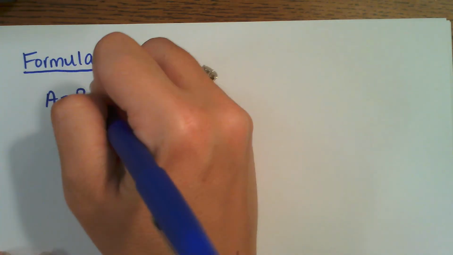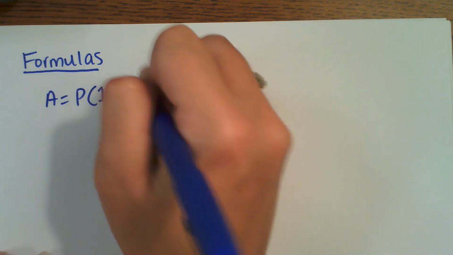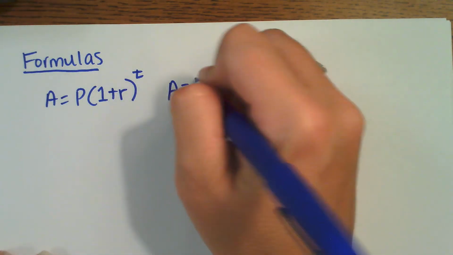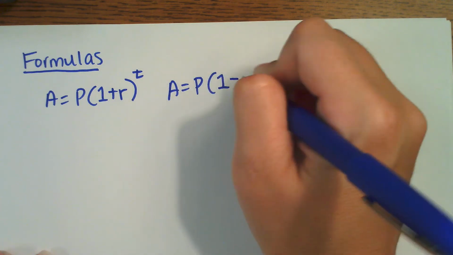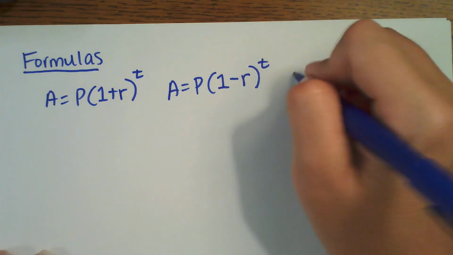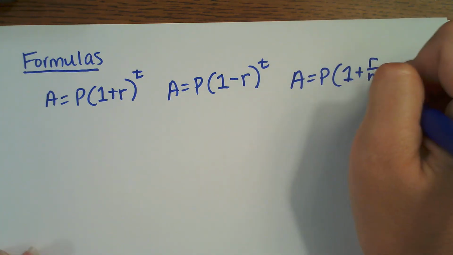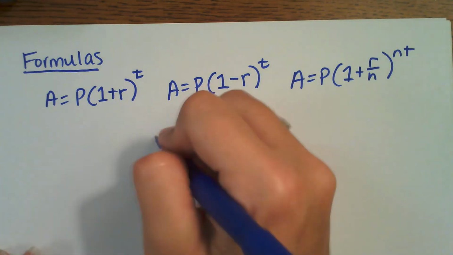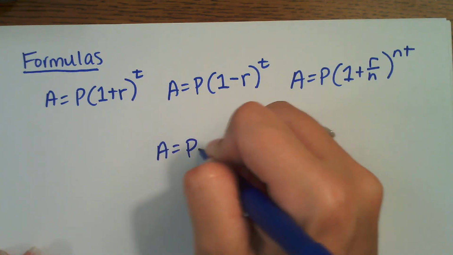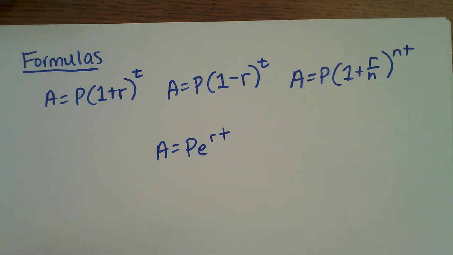A equals P times 1 plus R. A equals P times 1 minus R. A equals P times 1 plus R over N to the NT. And A equals P E to the RT.